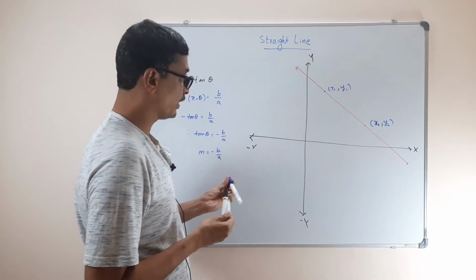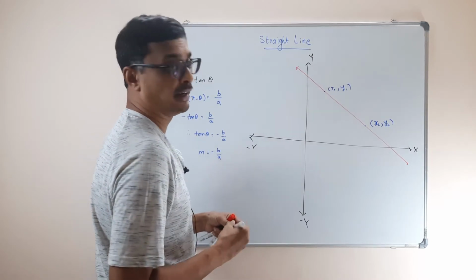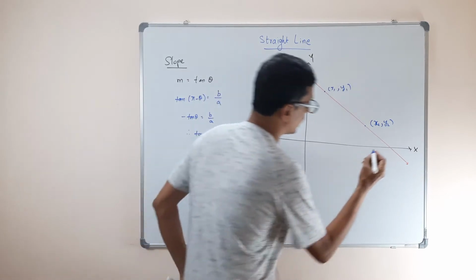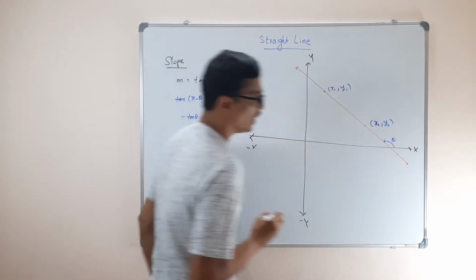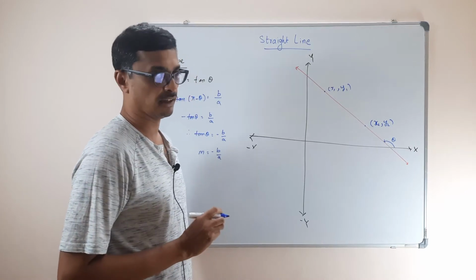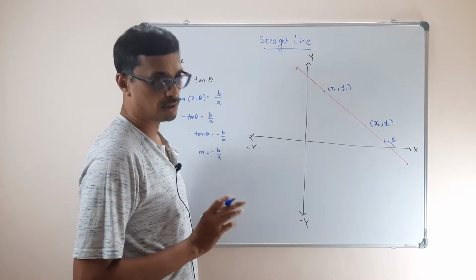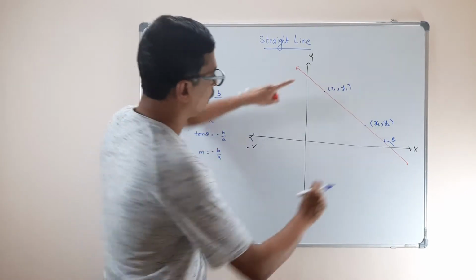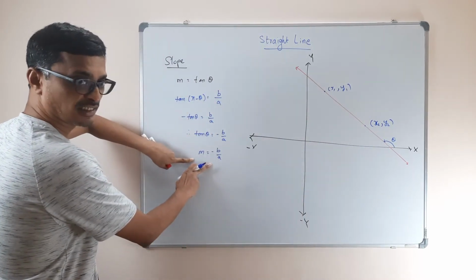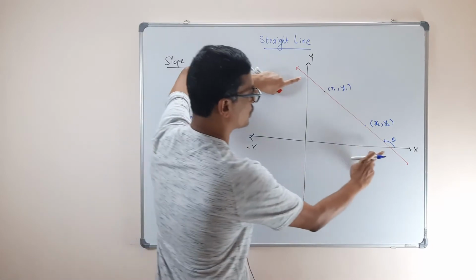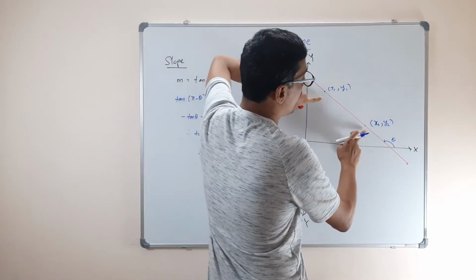Slope of the straight line is what? Tan of the inclination angle. What is the inclination angle? This is the inclination angle theta. So tan of this inclination angle is what we call the slope of the straight line. If I give you these two points, you can simply find it like this. Now I am not giving you the two intercepts; I am giving you any two points.